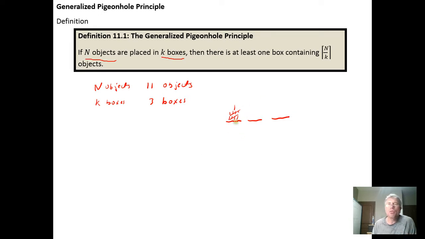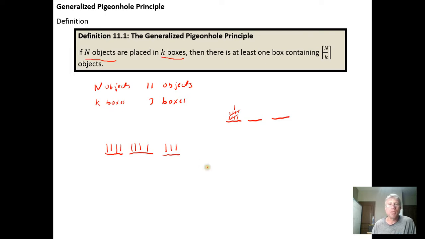But if you wanted to ensure that you put the fewest number of items into each box that was possible, what you would need to do is evenly distribute the elements into the boxes. So if I took 11 objects and evenly distribute them into 3 boxes, 1, 2, 3, 4, 5, 6, 7, 8, 9, 10, 11, that would minimize the number of elements in each box.